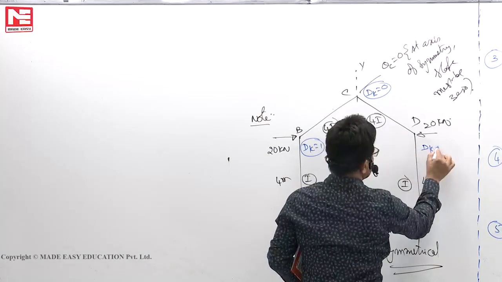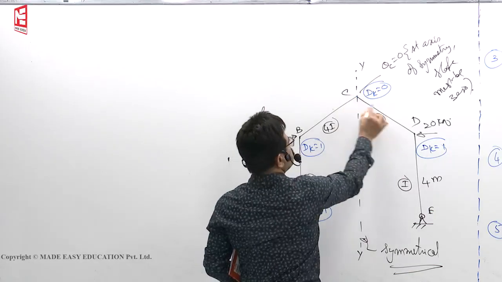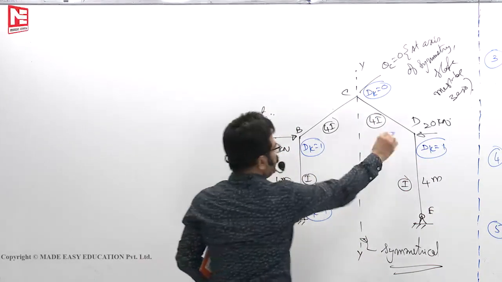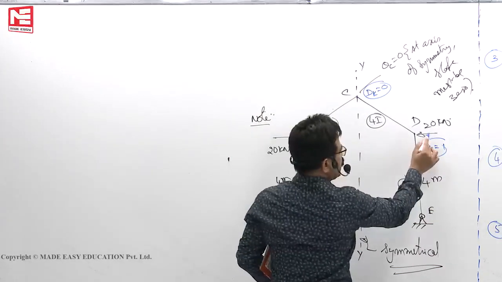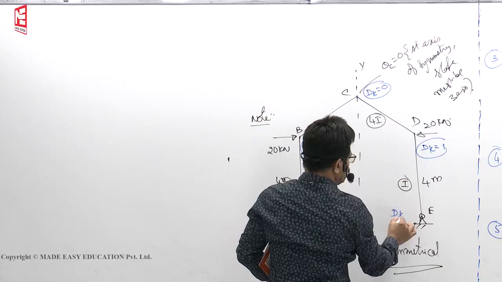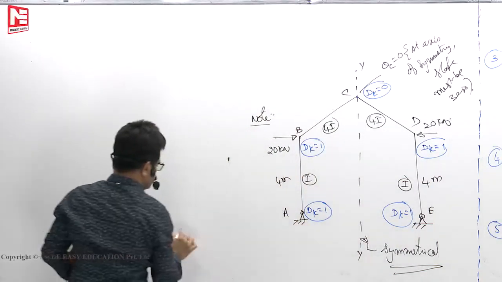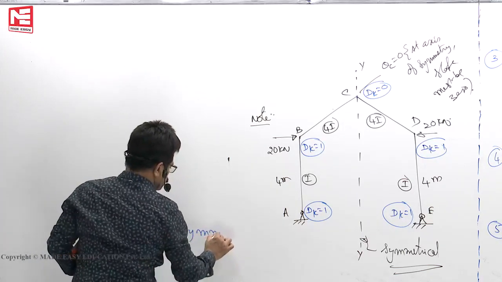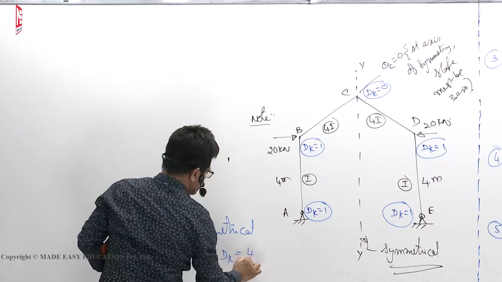Here it can rotate. Degree of freedom is 1. It can rotate, but it cannot sway. It cannot move vertically down. Here degree of freedom is again 1. So 1, 2, 3, 4. So if symmetrical, DK is 4.